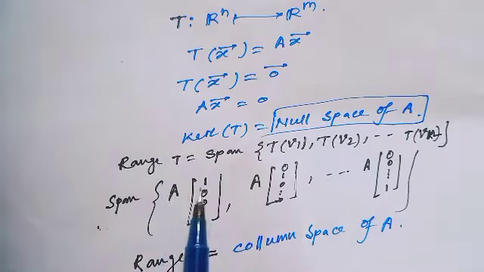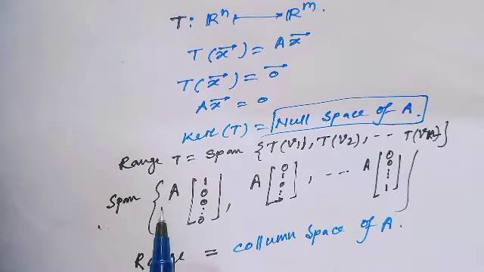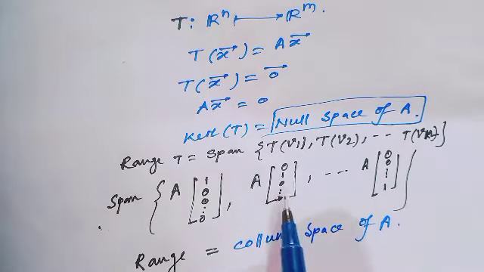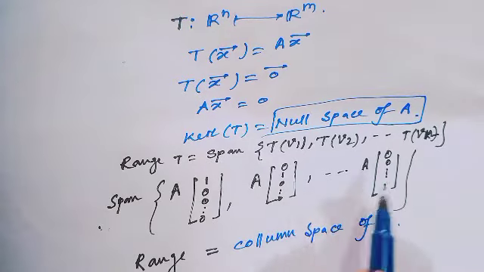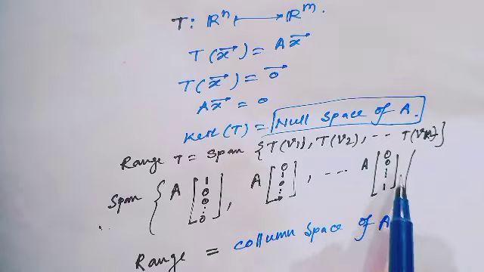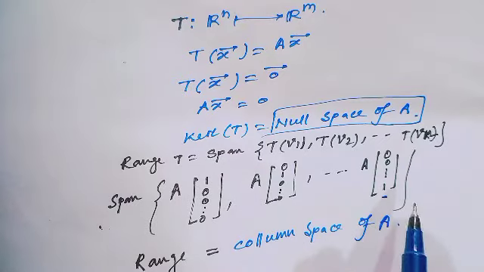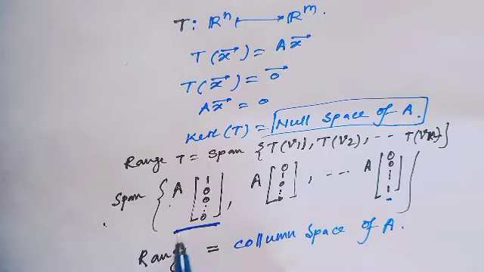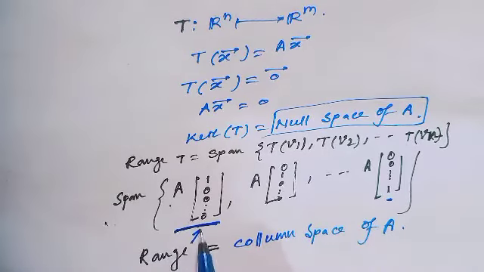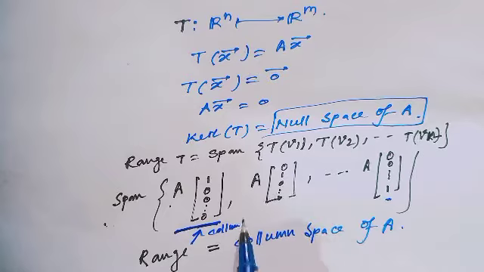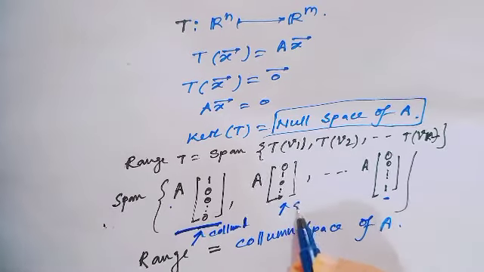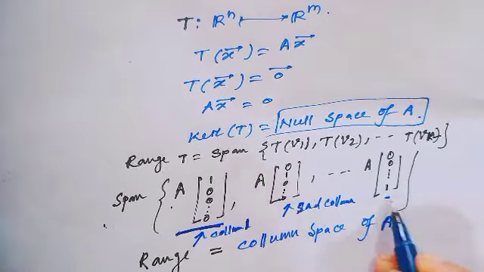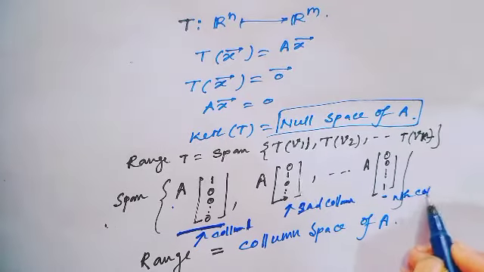Then the range of T would be the span of A times (1,0,...,0), this would be Tv1, Tv2 would be A times (0,1,0,...,0), and Tvn would be A times (0,0,...,1) with 1 at the end component. And A times (1,0,...,0) means actually this is the first column of this matrix, this would be the second column of this matrix, and this would be the nth column of this matrix.